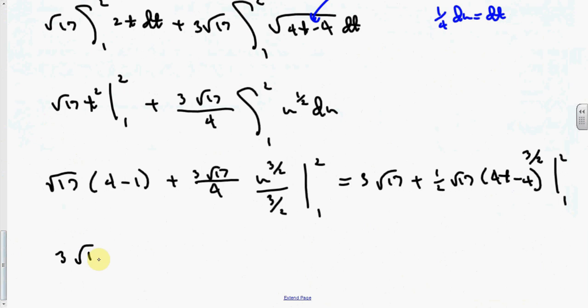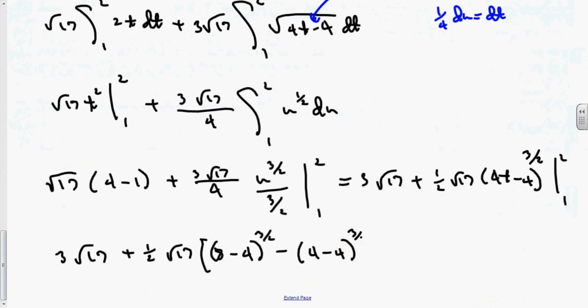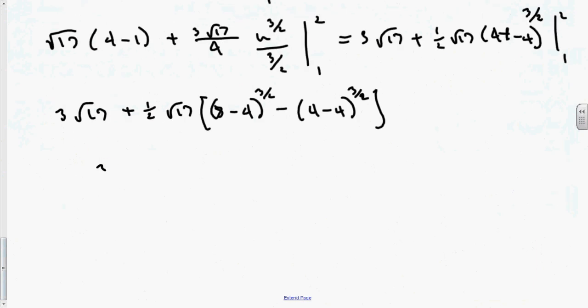So this is 3 times the square root of 17 plus 1/2 the square root of 17 times, let's plug in t equal to 2, so I get 8 minus 4 to the 3/2 power, and then minus, evaluate t at 1, I get 4 minus 4 to the 3/2 power.